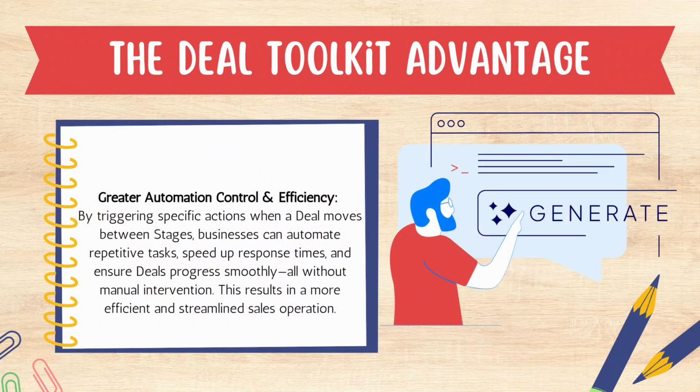The second key advantage of multi-deal stage pipelines is greater automation control and efficiency. By triggering specific actions and automations when a deal moves between stages, businesses can automate repetitive tasks, speed up response times, and ensure deals progress smoothly, all without manual intervention. This results in a more efficient and streamlined sales operation.